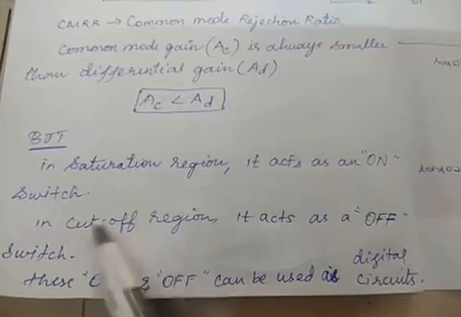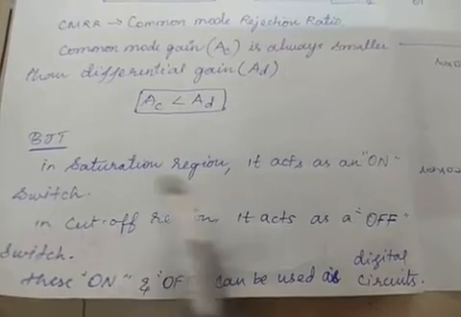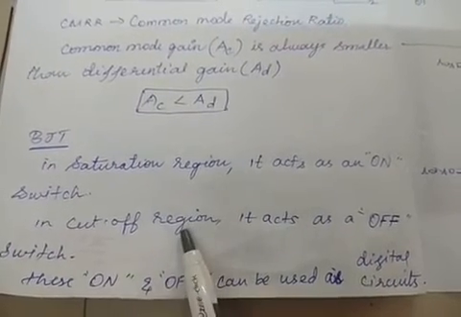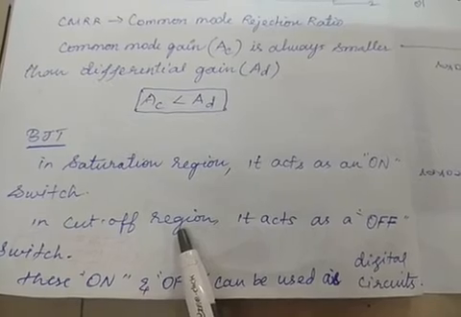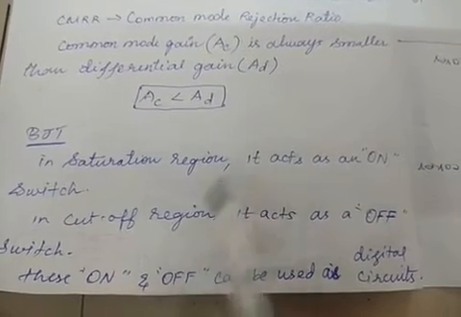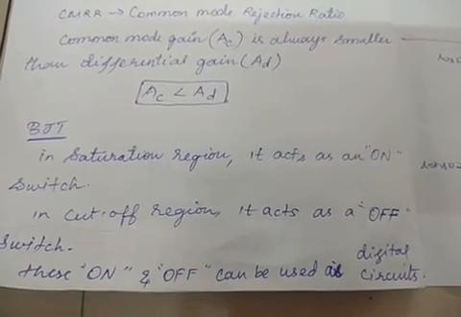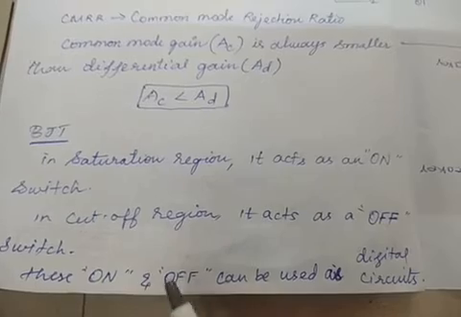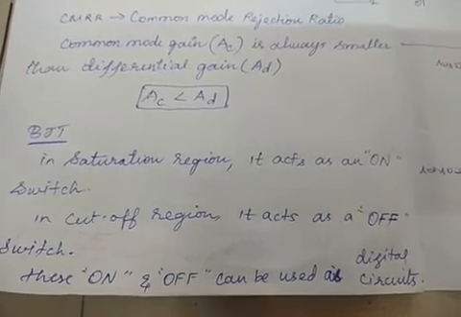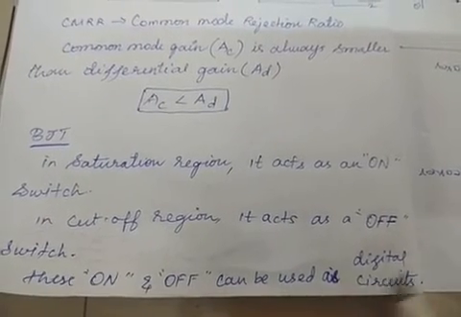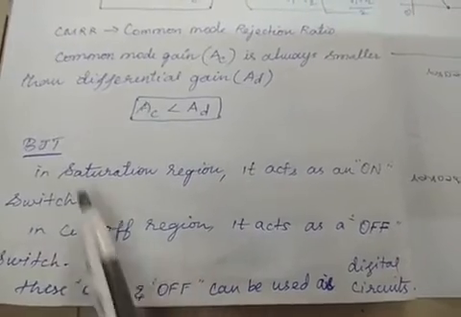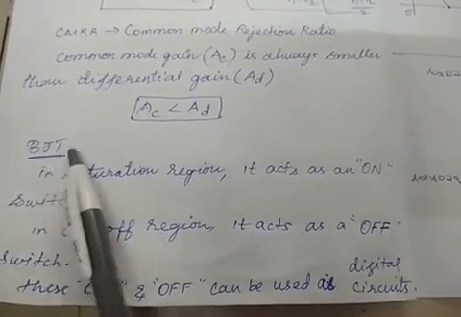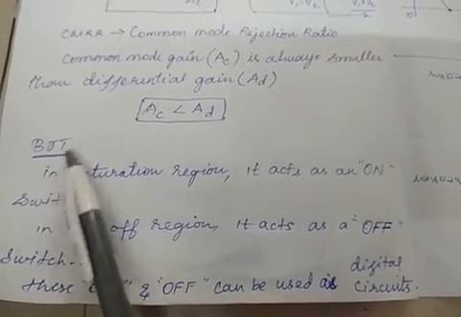So if you want further clarification about these regions, see the output characteristics of the CE configured transistor. It is there in the class notes, what we discussed in the online classes. And this on-off can be used in digital circuits, right? And in the active region, BJT is used as an amplifier, we know.